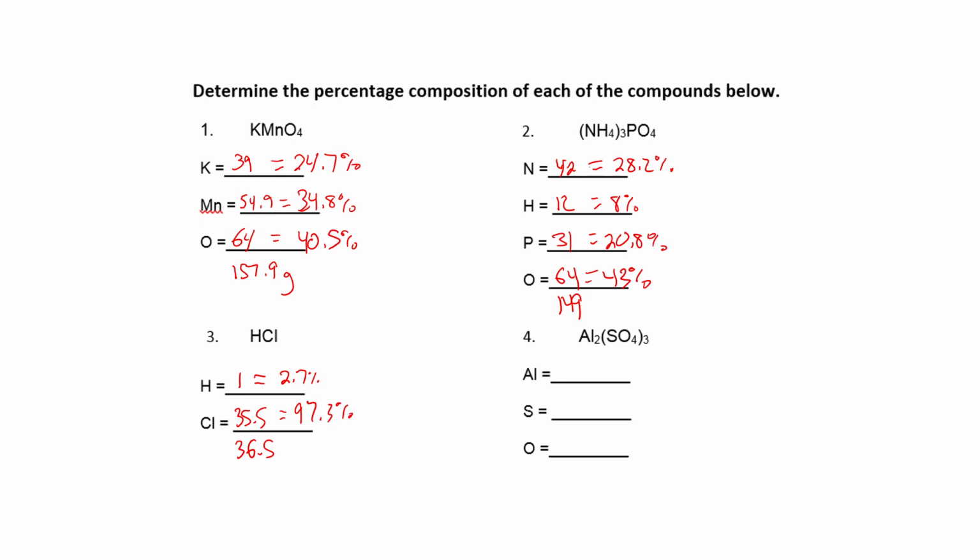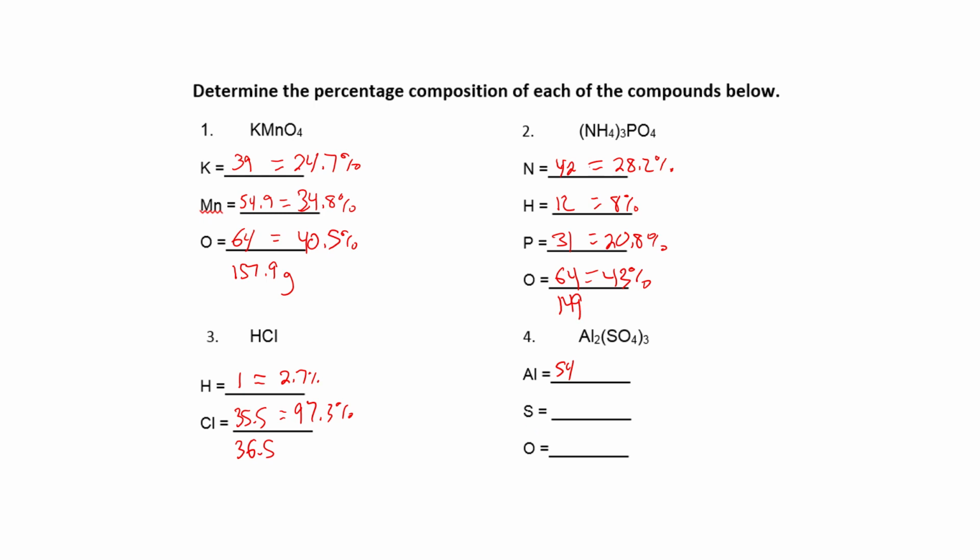And our last problem here, we have aluminum. So aluminum, there's 2 aluminums. Each aluminum has a mass from the periodic table of 26.98, times 2 is 53.96. And we can round that to 54. Sulfur, there's 3 sulfur because we carry in this 3.